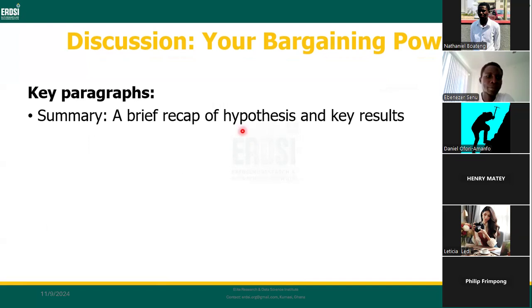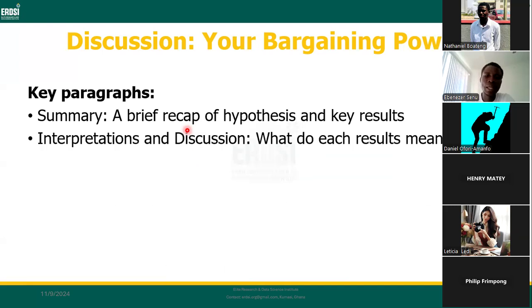Mostly in the first paragraph, we re-emphasize your hypothesis and your study aim, and summarize your key results, not your whole result, just the key things that are related to your research aim or hypothesis. Then we move to another paragraph where we state each of the results and justify it and do proper discussion of it.